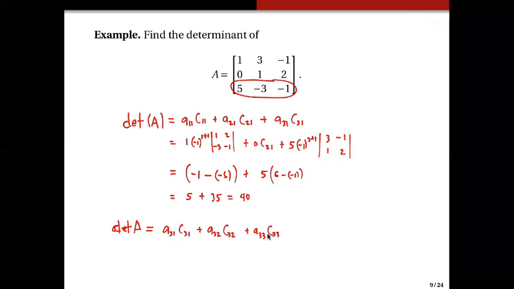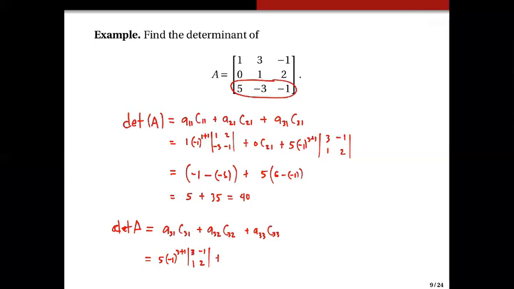So looking at row 3, A31 C31 we already have in here. So let us just write that A31 C31 there. We have 5 times negative 1 raised to 3 plus 1, determinant 3, 2, negative 1, 1.